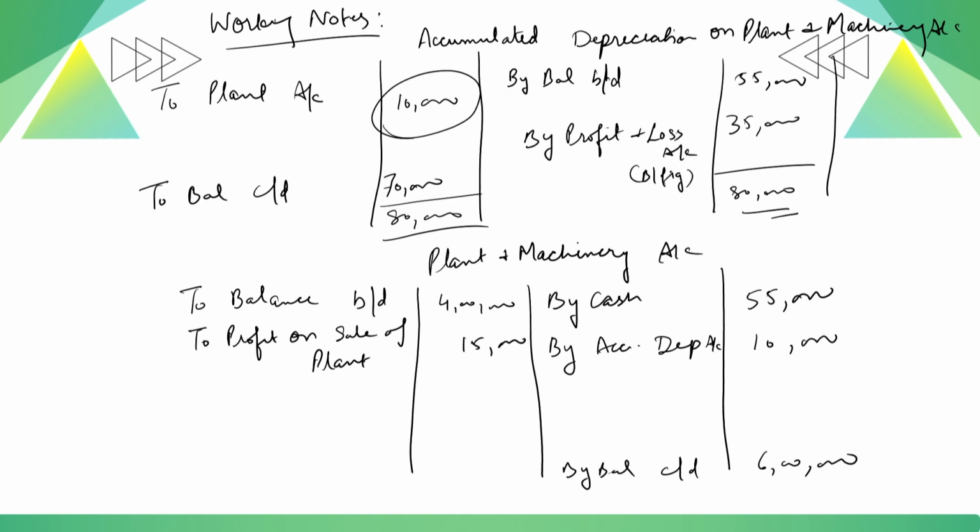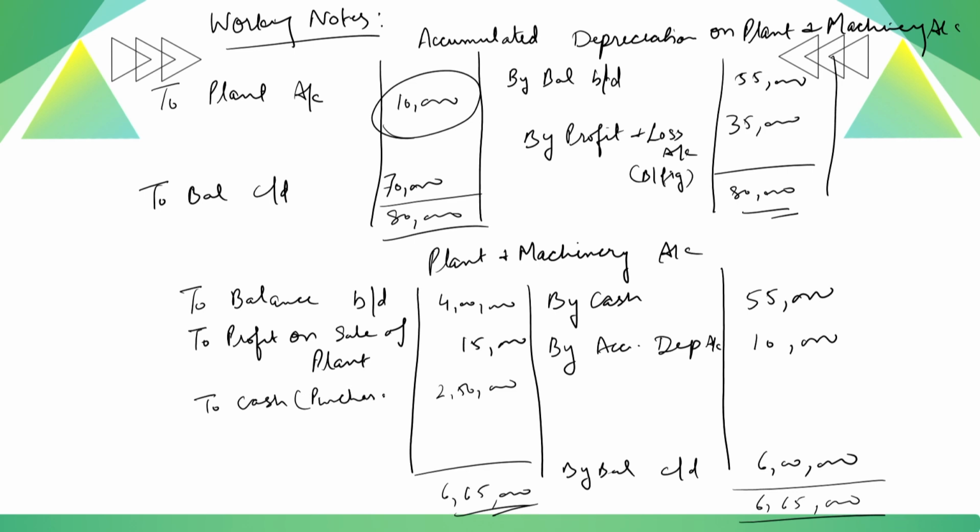So nothing more is left. We will make a total that comes to 6,65,000. If we compare it with the debit side, we reach the figure of 2,50,000, which shows the purchases. So we will put to cash, purchase of plant. It's our balancing figure.